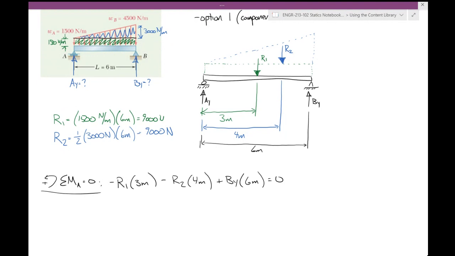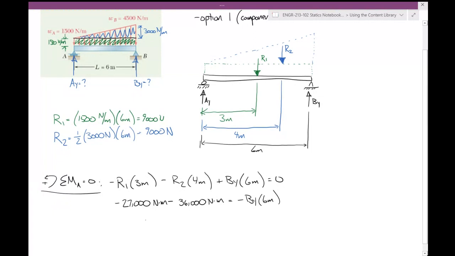So again, the idea is once we've split this up into its vector components and ensured that those vector components have the proper magnitude and location based on their centroid, then we can just apply the same principles that we did before. So we have 9,000 times 3, 9,000 times 4, so minus 27,000 minus 36,000, and then that equals minus BY times 6 meters, right?